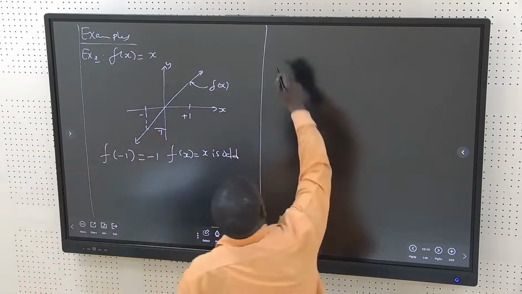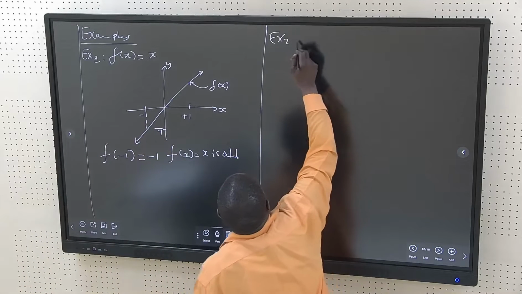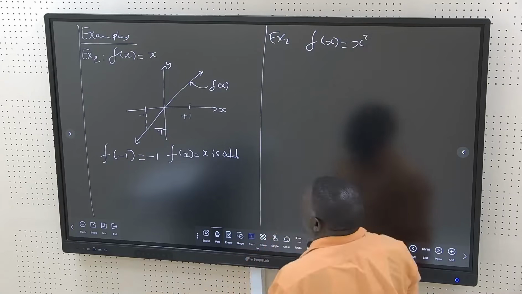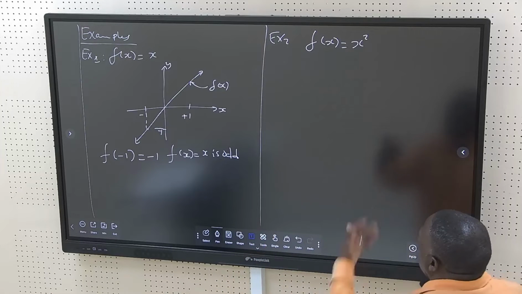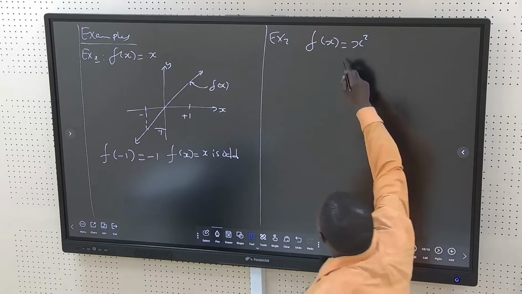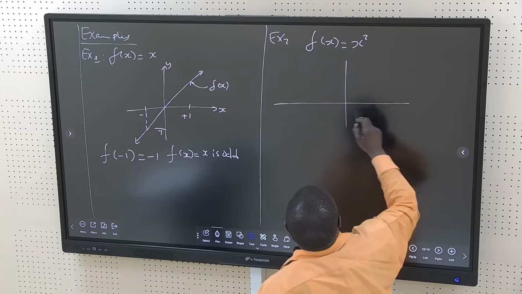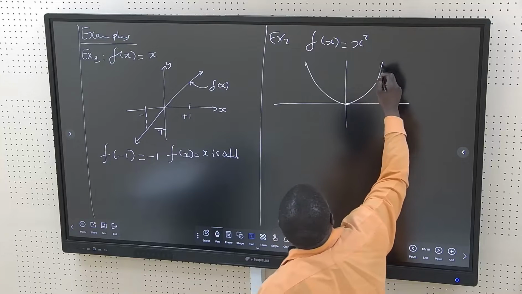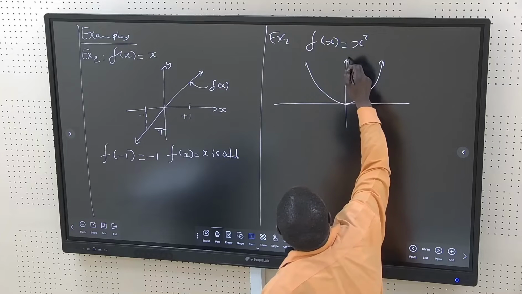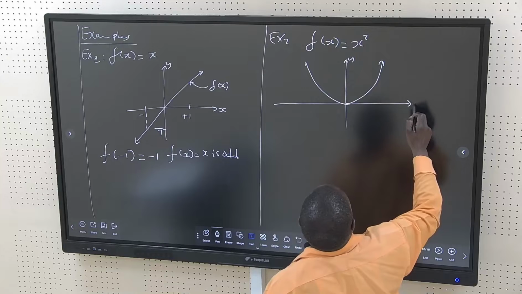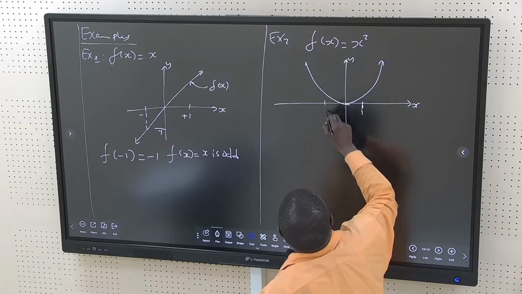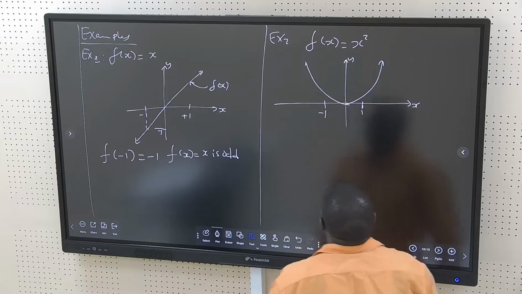Another example, example 2: f of x equals x squared. You can sketch this one. This is just a parabola. You can have 1 here and negative 1 here.